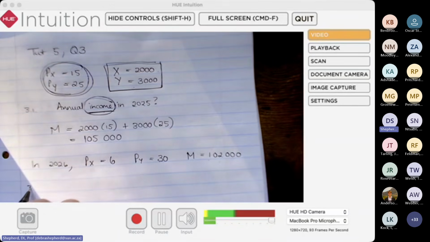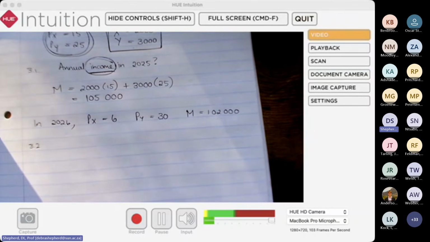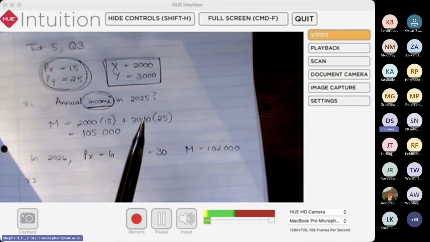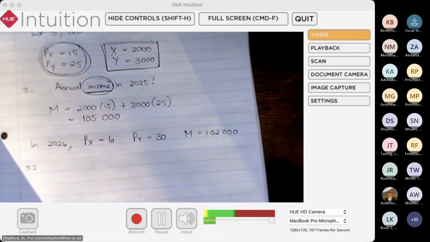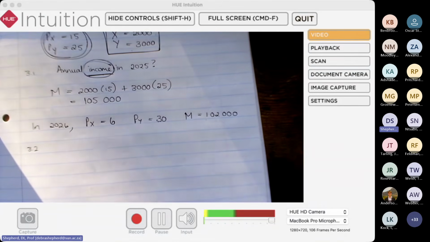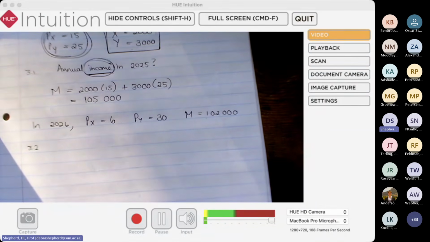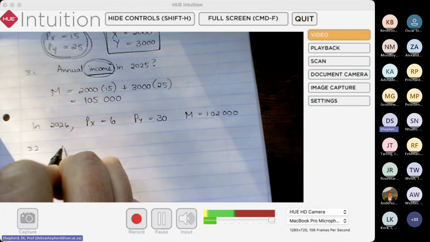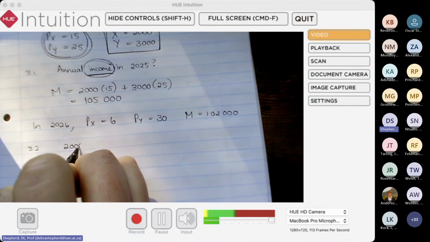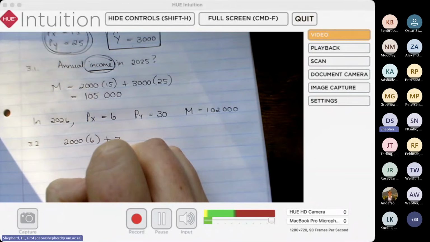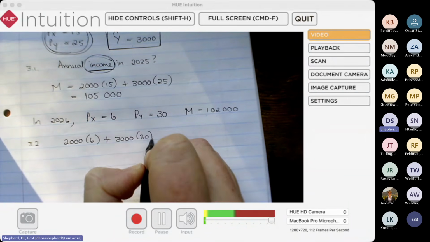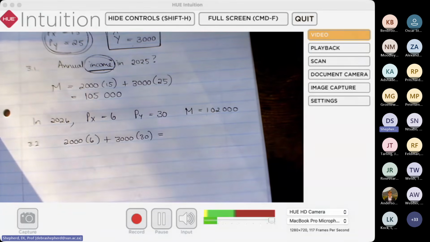We want to know now, can she still afford her preferred bundle from 2025? Is 2,000X and 3,000Y a possible consumption choice for her? What we need to do is find what 2,000X, which now costs 6, plus 3,000Y, which is now 30, add up to in total spending.